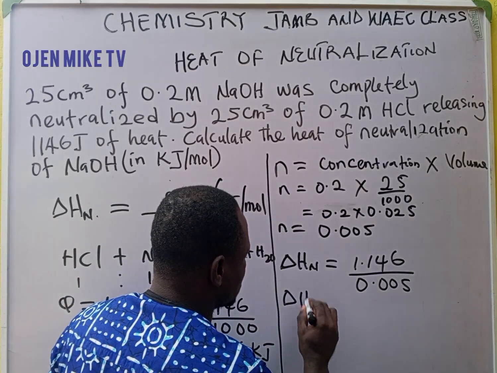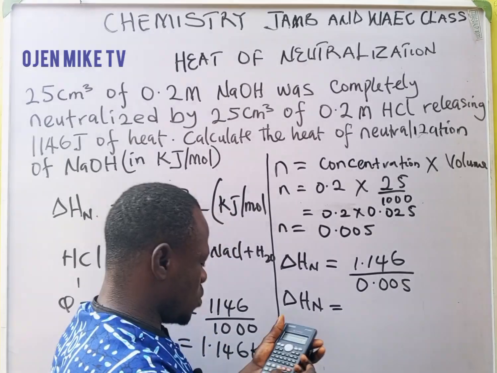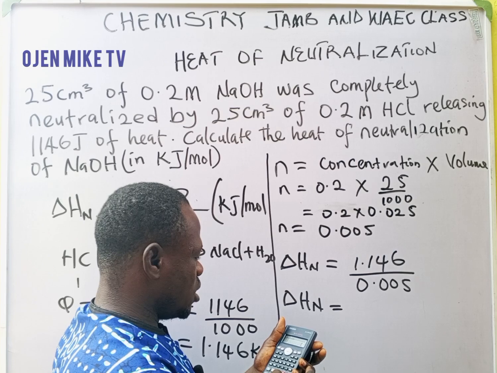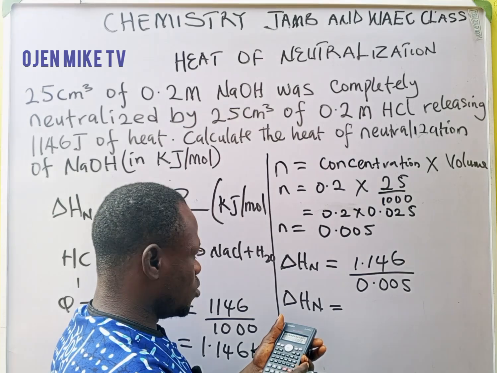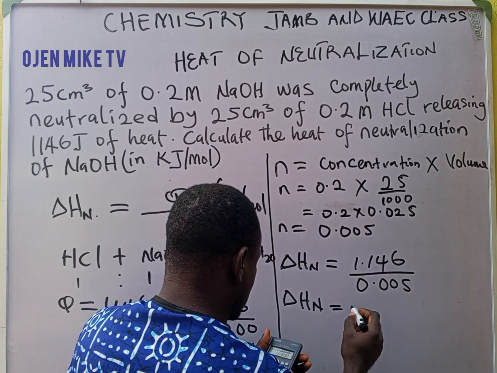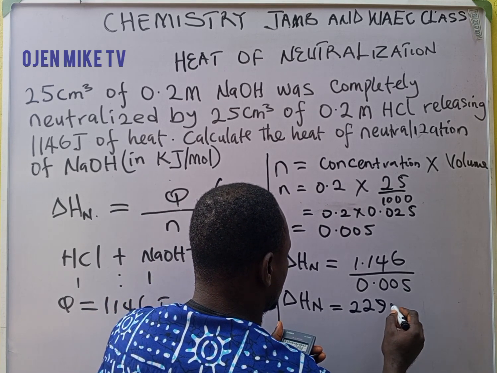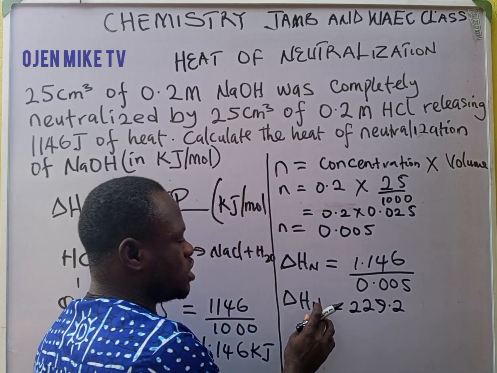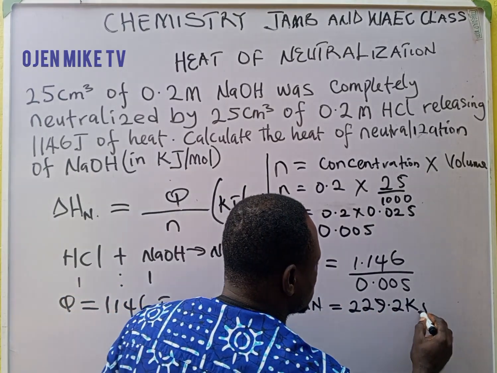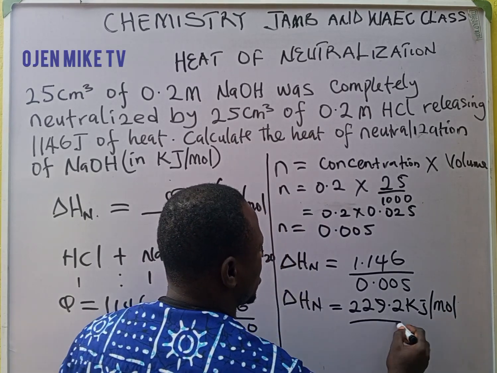Heat of neutralization is 1.146 divided by 0.005, and your answer is 229.2. What is the unit of heat of neutralization? kJ per mole. That is your final answer.